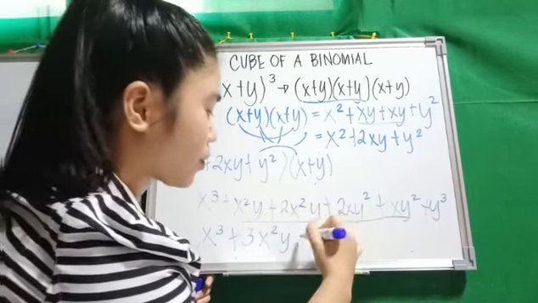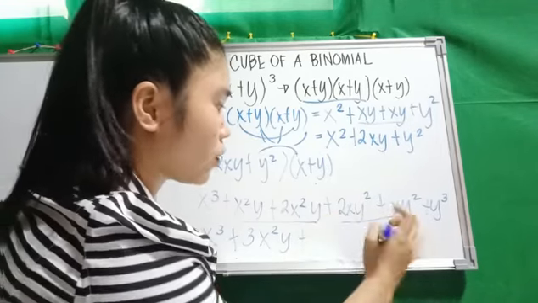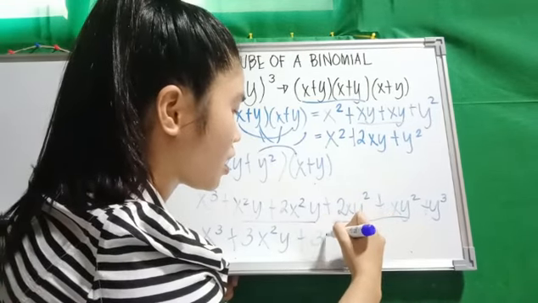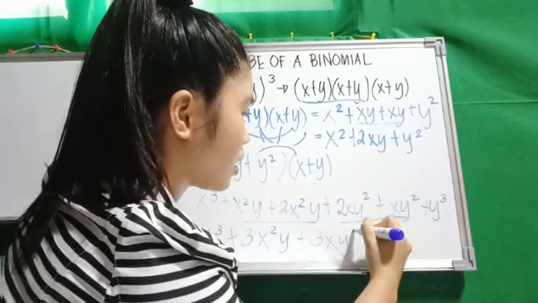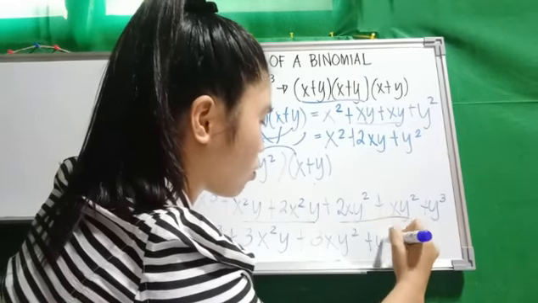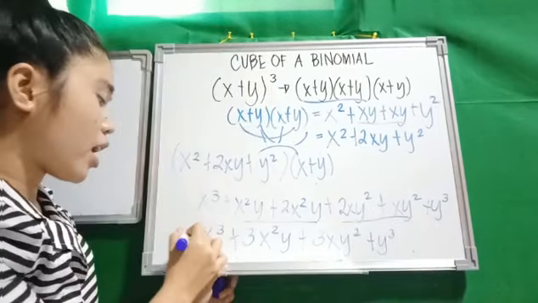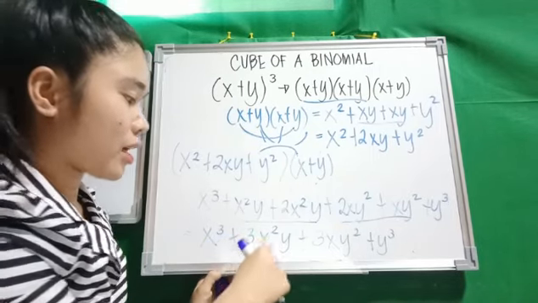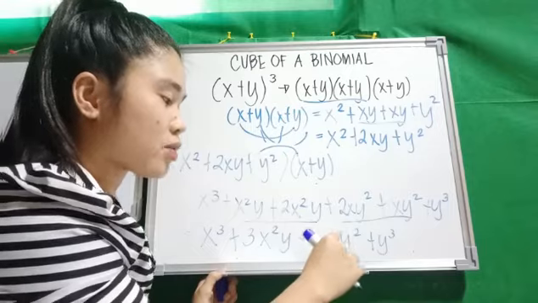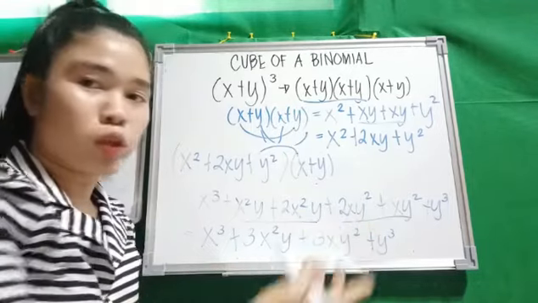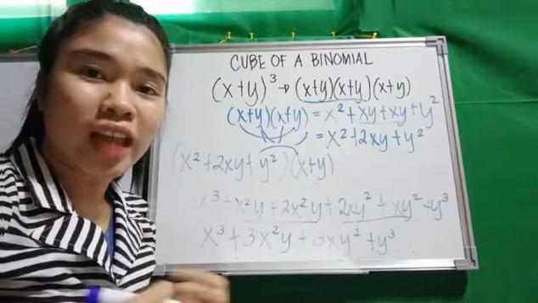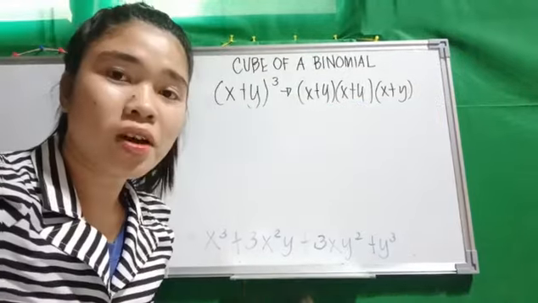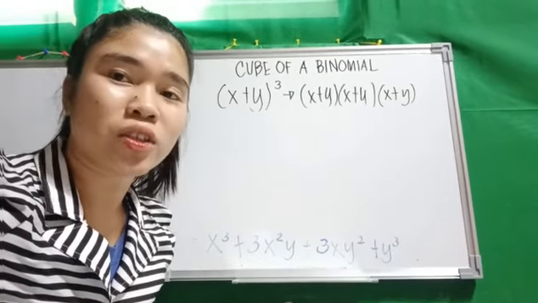Then, we have, eto may invisible 1 ulit, so we have 3xy squared plus y cubed. So, eto na ngayon yung ating final answer. We have x cubed plus 3x squared y plus 3xy squared plus y cubed. So, yun yung ating tinatawag na long method. So, ngayon, ituturo ko naman sa inyo yung ating short method.